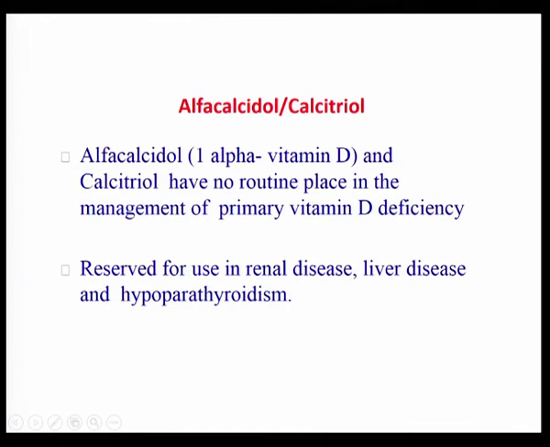The same thing can happen with vitamin D because, as I've been telling you from the beginning, vitamin D and vitamin A are unique vitamins with a hormonal property. So when we give a direct active version, we could throw the hormonal pathway haywire, and that can lead to severe complications. So we reserve the activated versions only for special cases: renal disease, liver disease and hypoparathyroid cases.